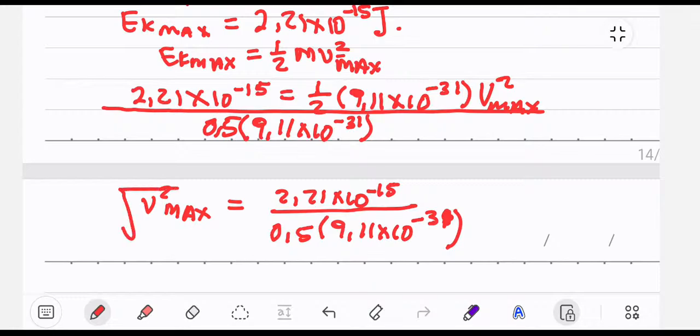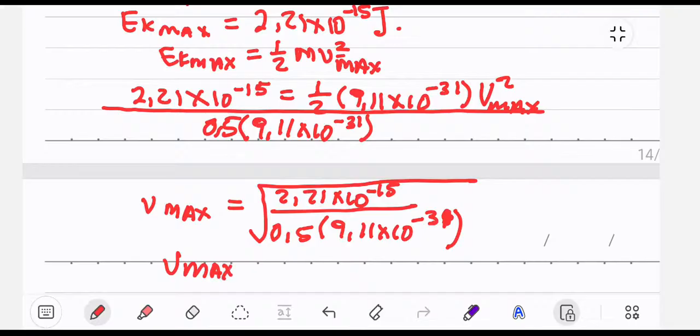And then I take the square root on both sides. The reason for the square root is that I want to eliminate the squared. So in essence, v max equals the square root of that. What is the square root of 2.21 times 10 to the negative 15 over 0.5 into 9.11 times 10 to the negative 31?